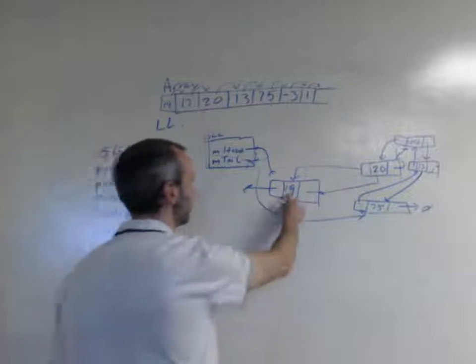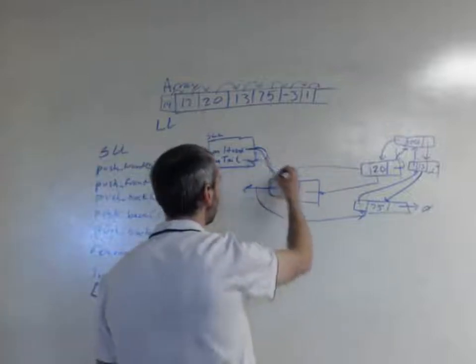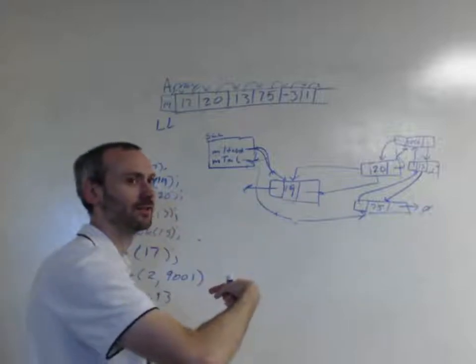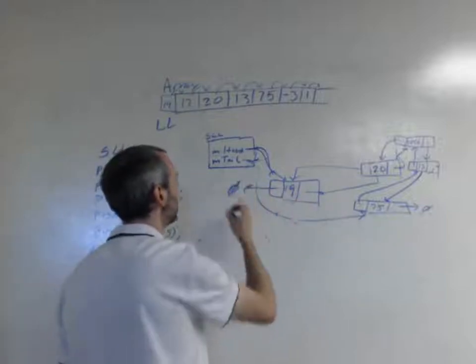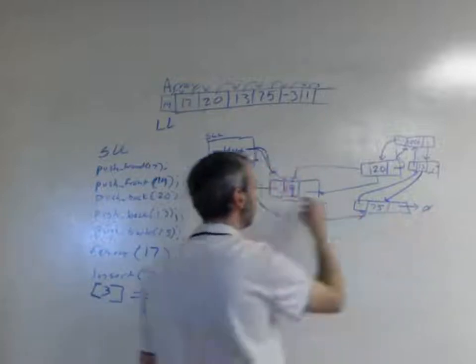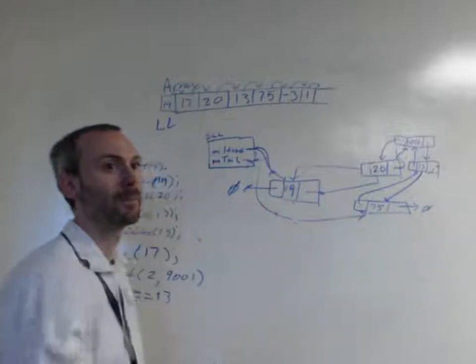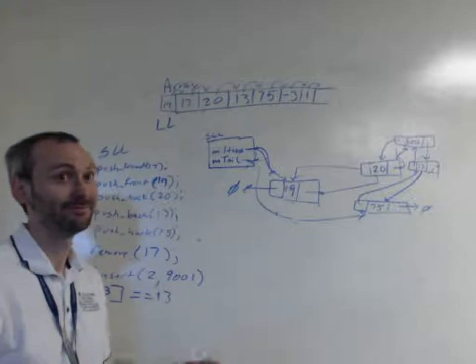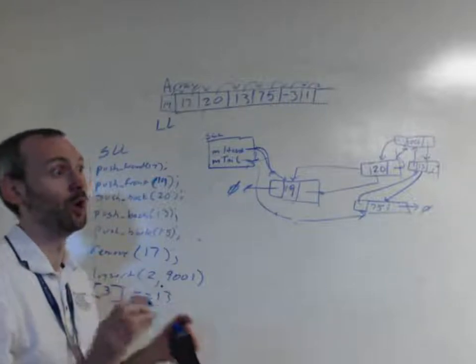In head. Now, head's pointing to the first element. And the first element back is what? Null. Because you got null on one end, you got null on the other end. All right? Okay? Whoa, man, that's amazing.